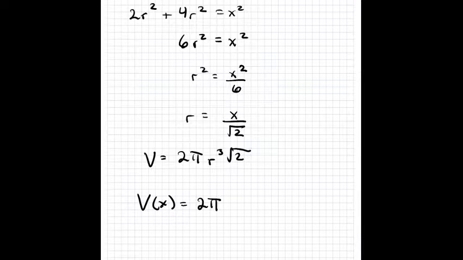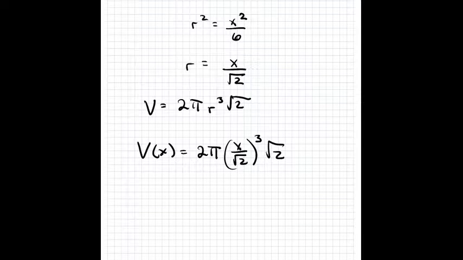What's r? R is going to be x over the square root of 2 cubed times the square root of 2. Okay. Let me see if I can simplify this down some. If we have root 2 times root 2 times root 2, let me expand everything out, right?